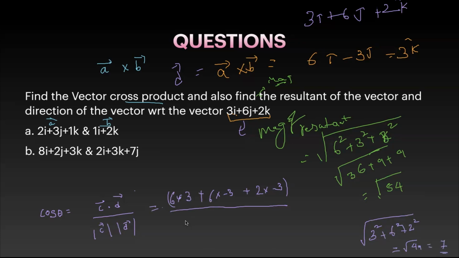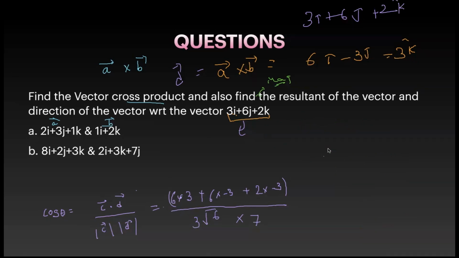So this is 7 and this is root of 54. Okay, root of 54, you can write it as 3 root 6. You can write it as minus 6 divided by... cos theta is minus 6 by 3 into 7 root 6.